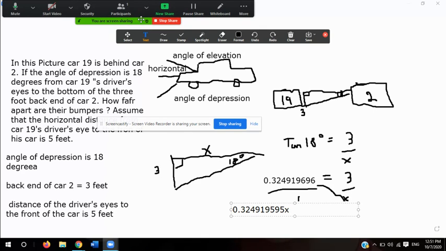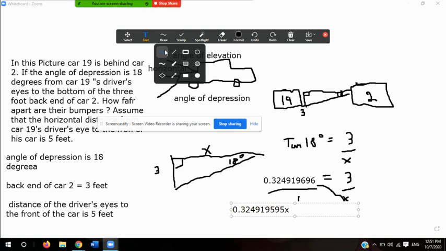And of course 3 times 1 is 3, so you just say equals 3, because you cross multiply 3 times 1.